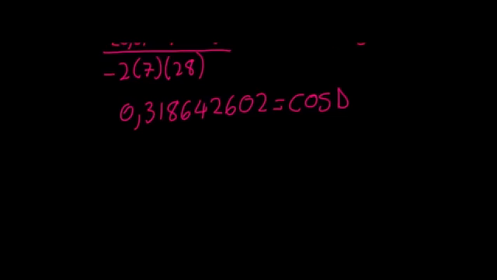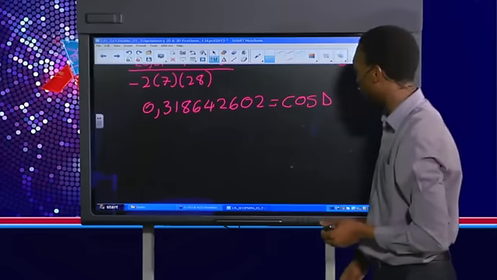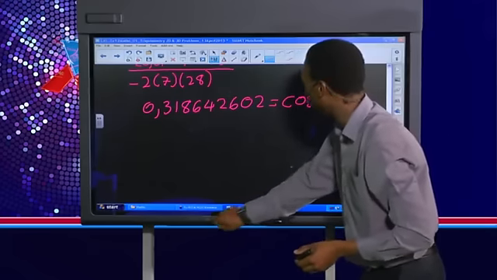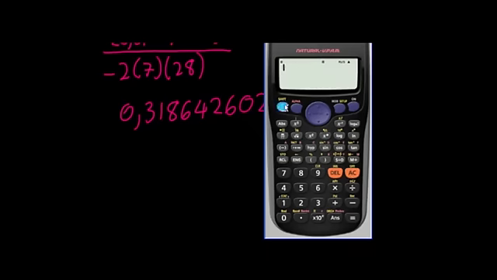So now, how do we work out how big angle D is? We need to go shift cos. I'm going to need your help again. So, shift cos of 0.318642602.